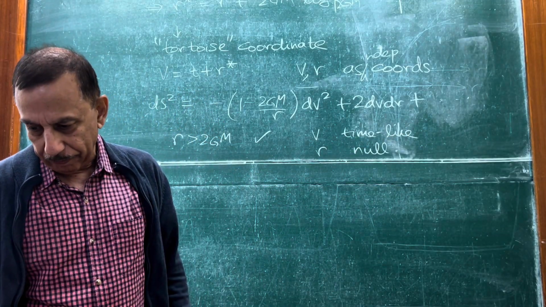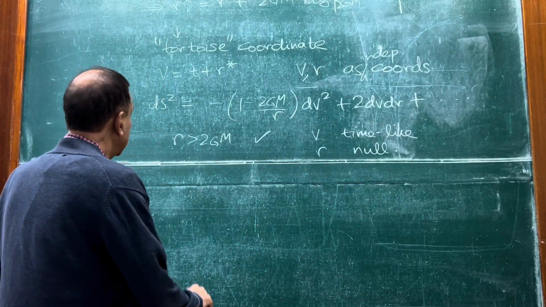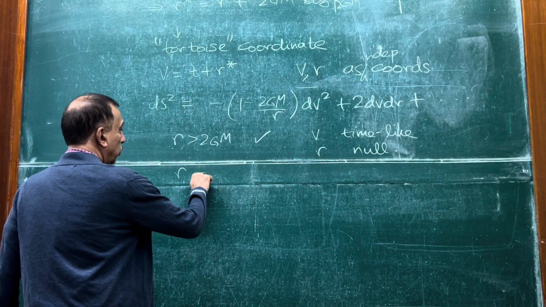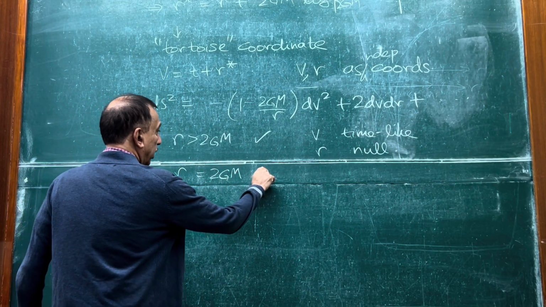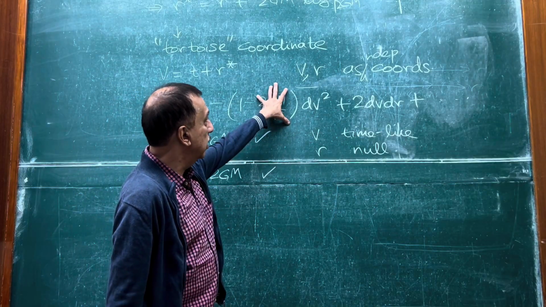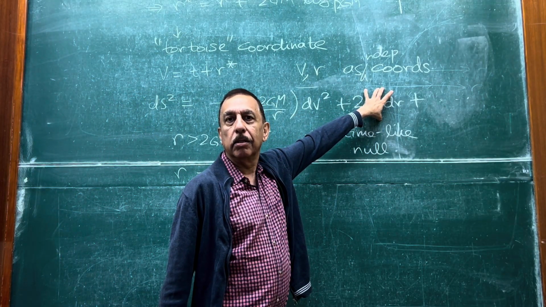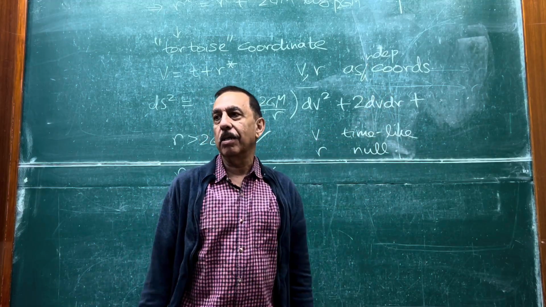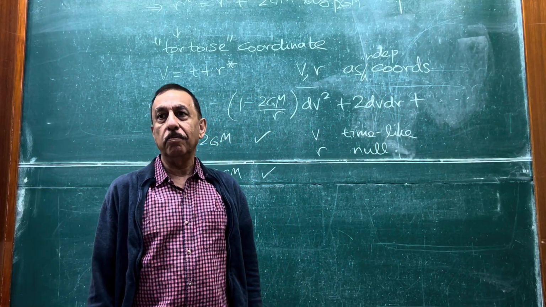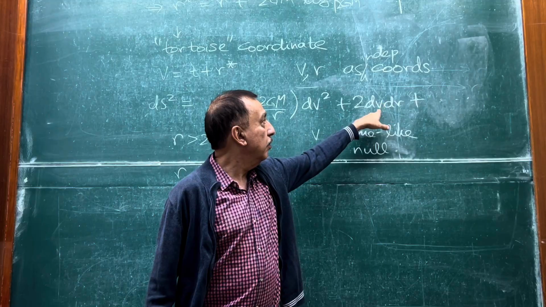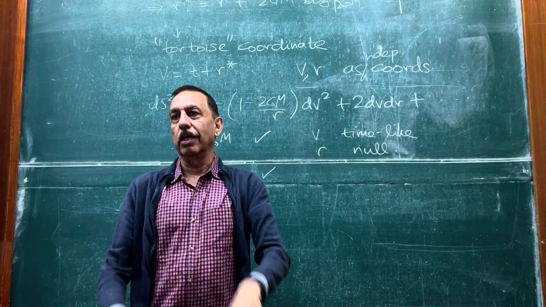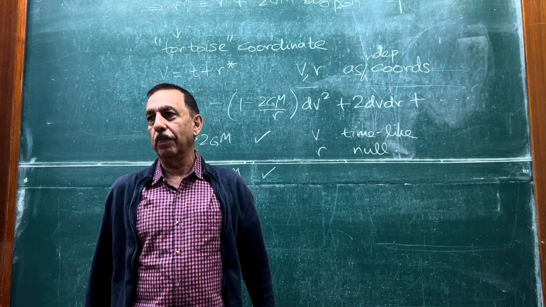Now let's look at r equals 2GM. Again, the metric is well defined. This term vanishes, and dv dr is a good metric. The metric dv dr is just the metric of 1 plus 1 dimensional space-time, where v and r can be renamed as the two null directions, which are linearly independent of each other.